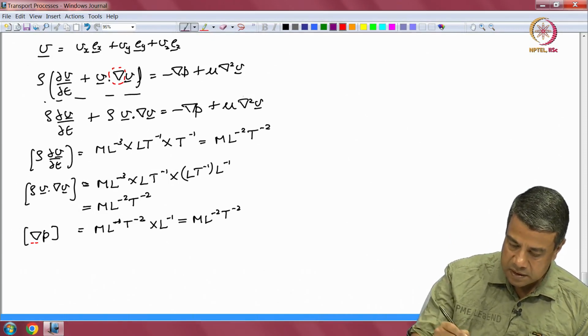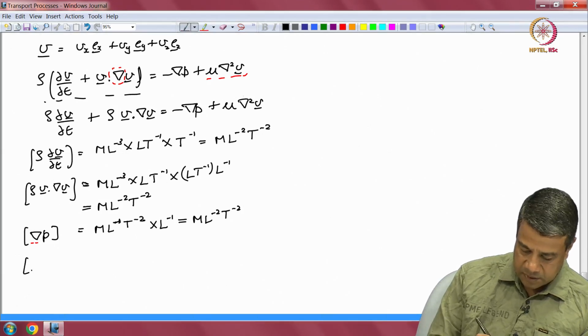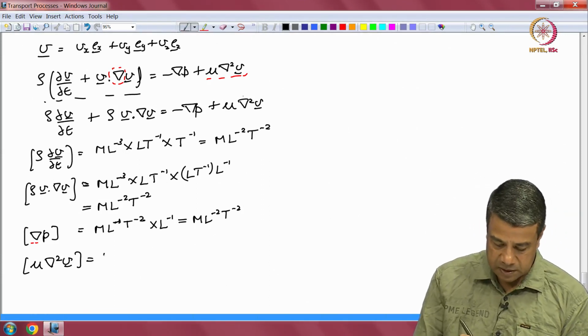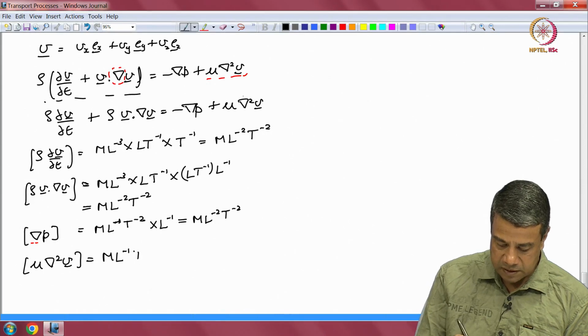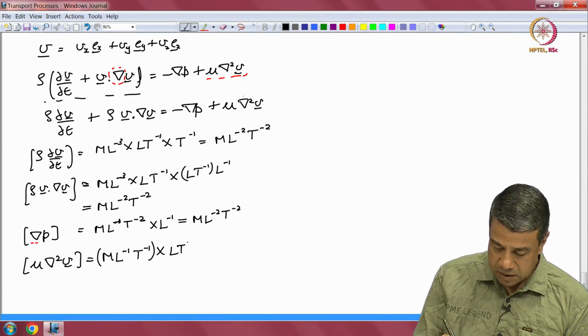And then I have this last term here, the dimension of mu del square V. Viscosity, we had derived the dimension m L inverse t inverse, into velocity L t inverse.